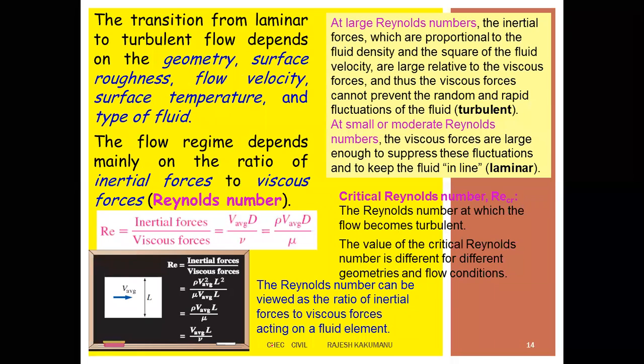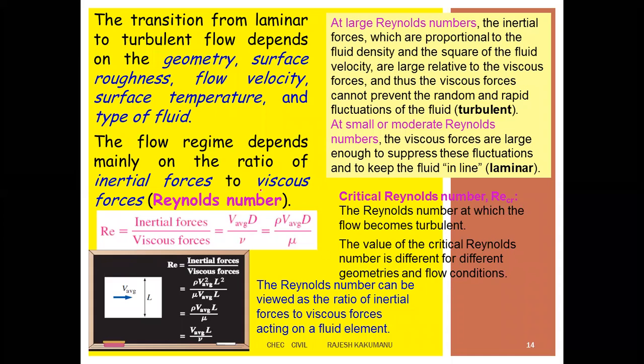The flow regime depends mainly on the ratio of inertia forces to the viscous forces. Therefore, the Reynolds number can be written as Re is equal to inertia forces by viscous forces. What is the inertia force? Re is equal to V average into D by nu, that is equal to rho into V average D by mu.